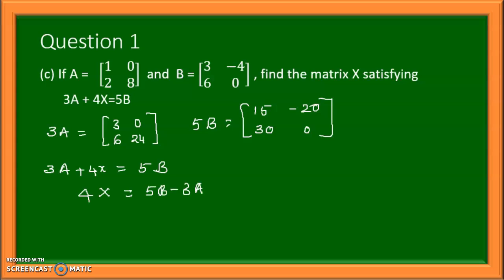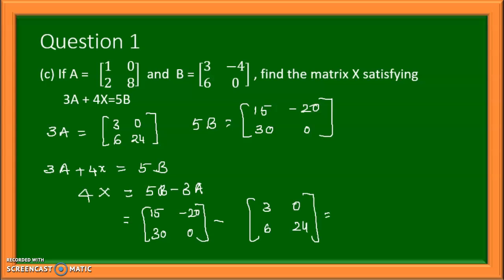First we do this operation. 5B is 15, minus 20, 30, 0, minus 3A which is 3, 0, 6, 24.